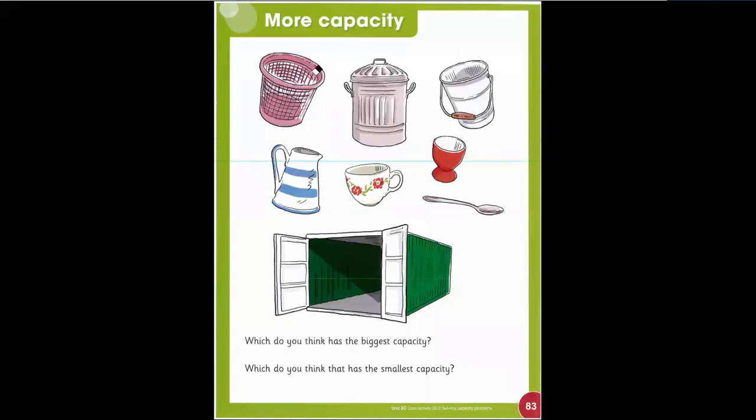So this container has the biggest capacity. This is the largest container. It has very much capacity.